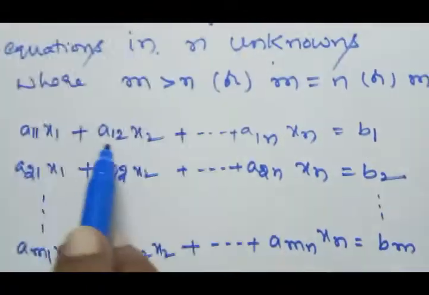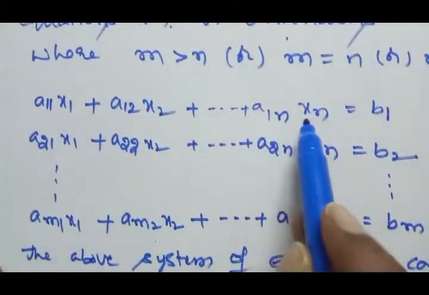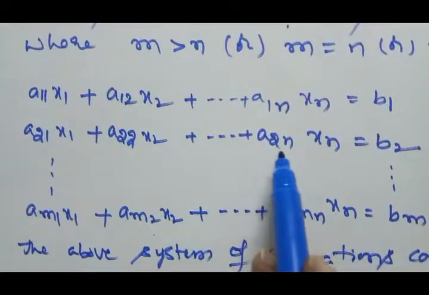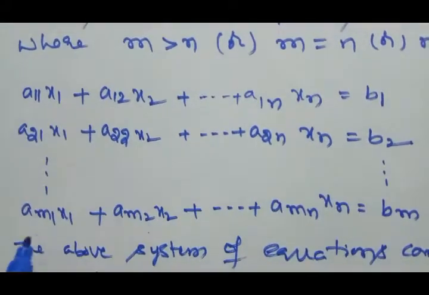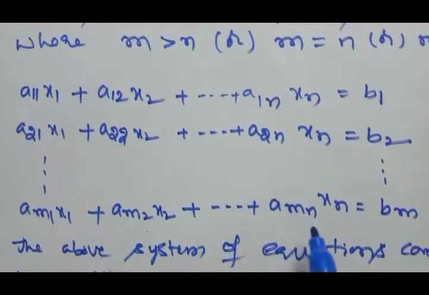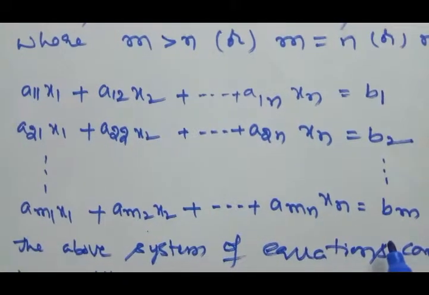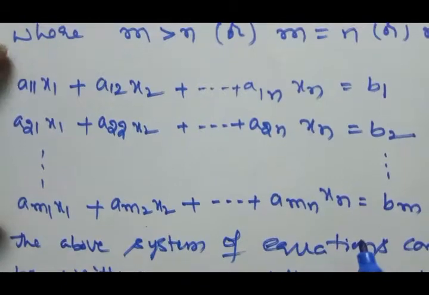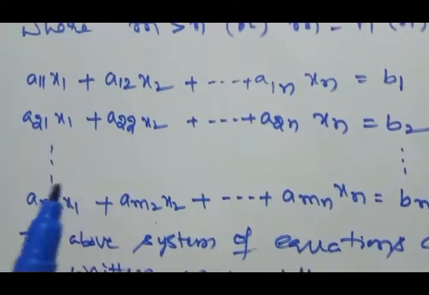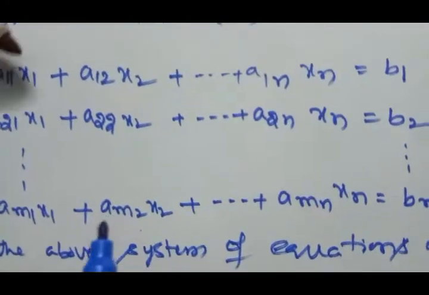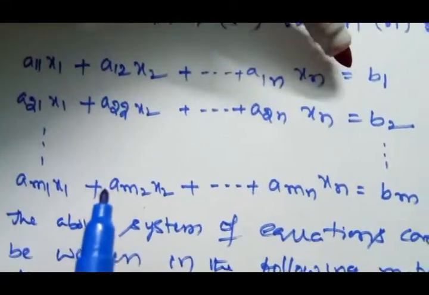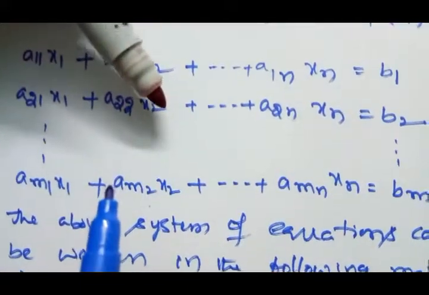Here a11x1 plus a12x2 plus and so on, a1n xn equal to b1, a21x1 plus a22x2 plus and so on, a2n xn equal to b2, and so on, am1x1 plus am2x2 plus and so on, amn xn is equal to bm. Now, solution for this system of equations: any set of values of x1, x2 and so on, xn satisfies this system of equations.